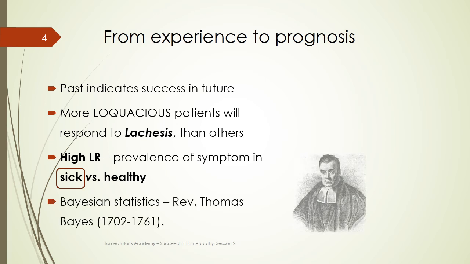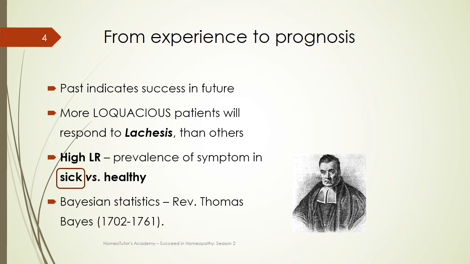Now, this is coming from statistics, which was developed by one particular statistician whose name was Reverend Thomas Bayes. Reverend Thomas Bayes was an Englishman, and he was a pastor as well as a mathematician, and he is the person who developed statistics as we know it today. So when the Surgeon General says that smoking is injurious to health, that particular warning derives from Bayesian statistics.